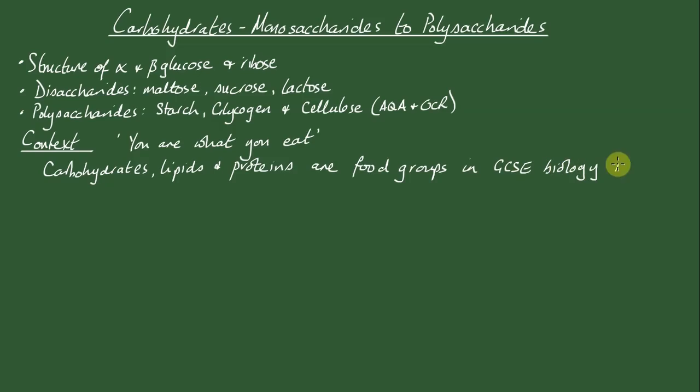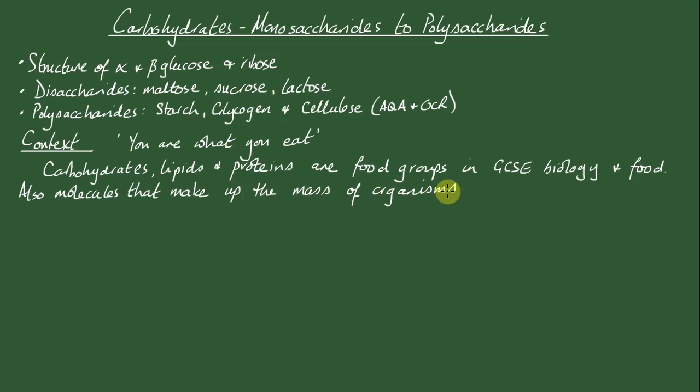So it's a case of any consumer animal has to eat these molecules, they digest them, they then get turned into new carbohydrates, lipids and proteins in the consumer's body to make up the mass of that organism, the organism's biomass.